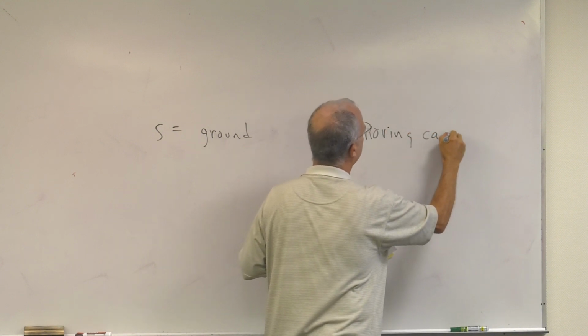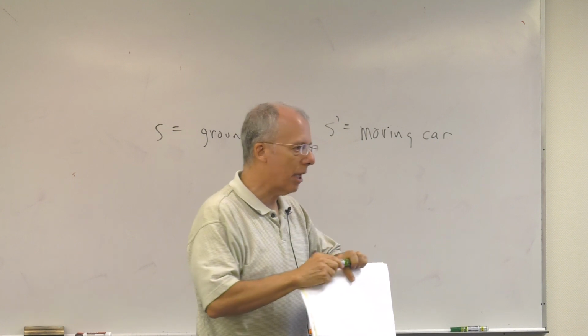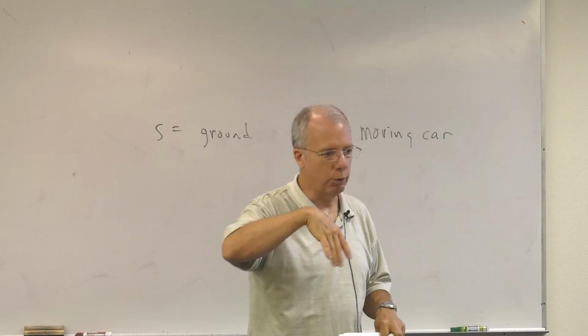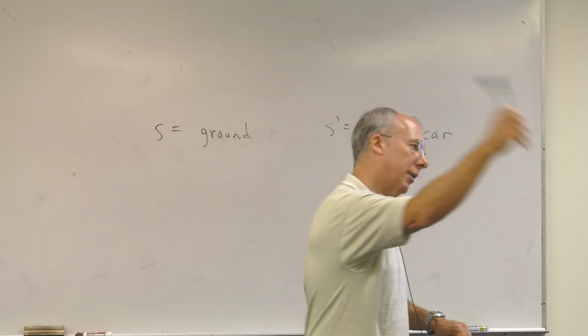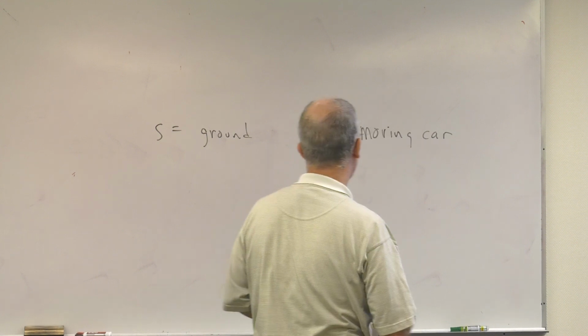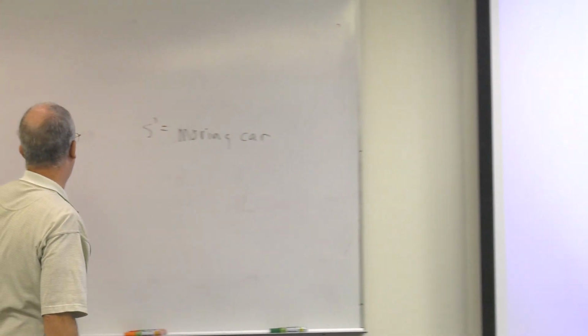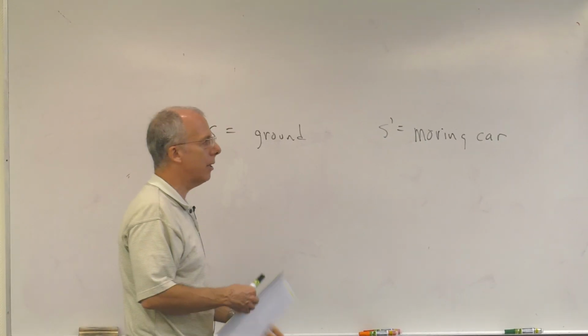Right, a moving car. And let's say that somebody stands up in the car, no air resistance, of course, and there's no roof on the car, a convertible. So somebody stands up and throws a ball. The question is, what is the speed of the ball relative to us on the ground? Well, come on, this is a piece of cake.